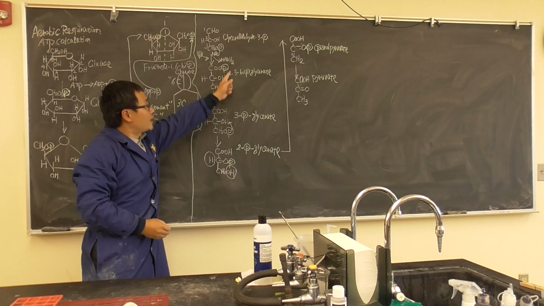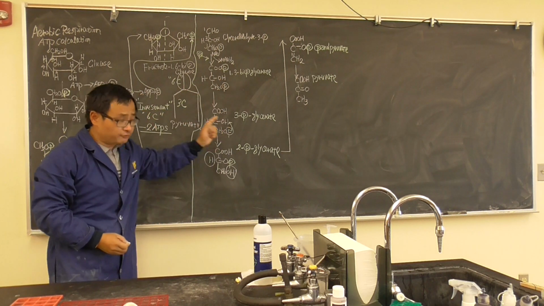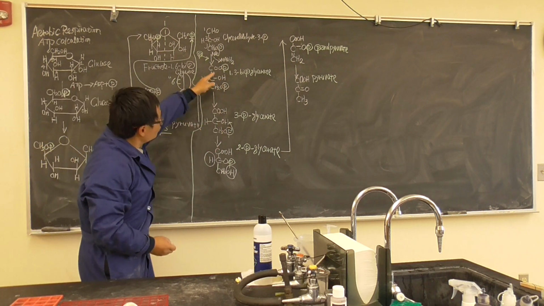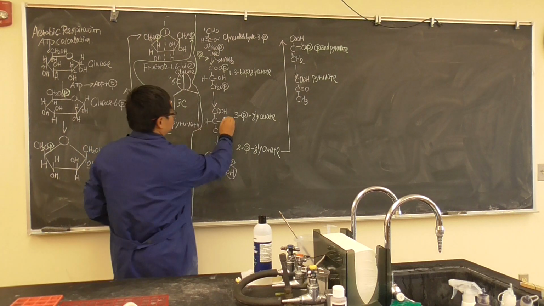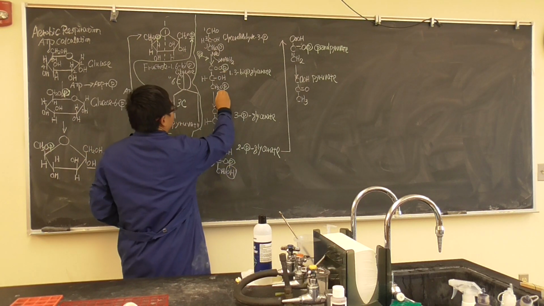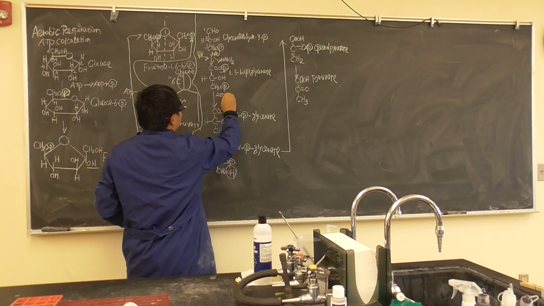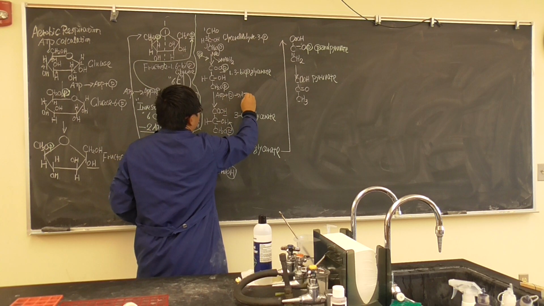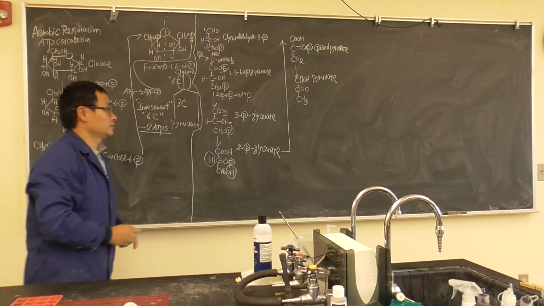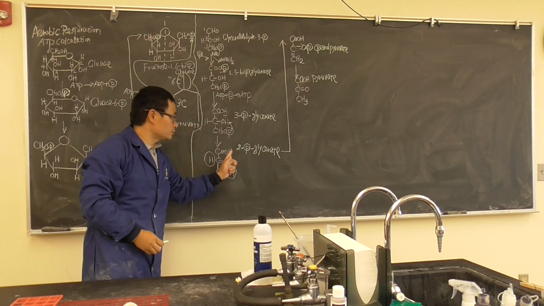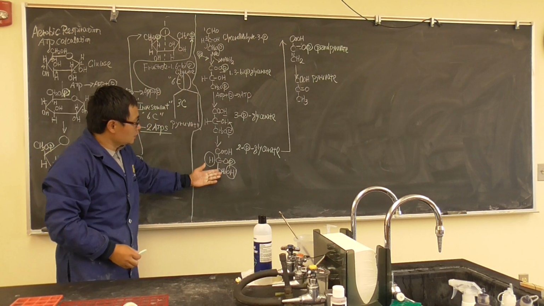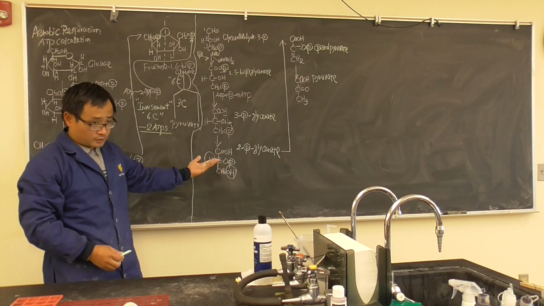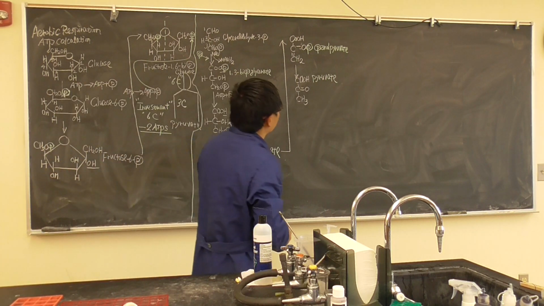And when 1,3-bisphosphoglycerate becomes 3-phosphoglycerate, one phosphate is gone. What happened is ADP using this phosphate becomes ATP. So there's ATP made. Now 3-phosphoglycerate becomes 2-phosphoglycerate. It just switches the position. That's called a mutase. Remember the enzyme called a mutase.